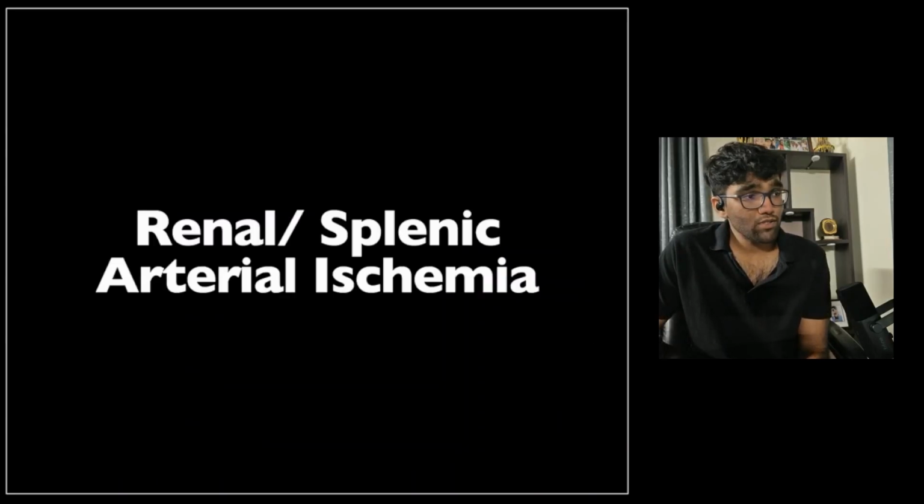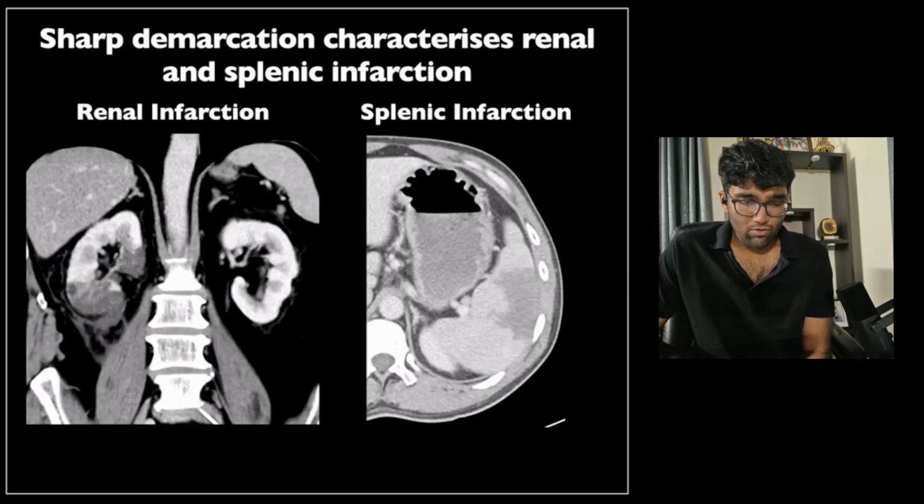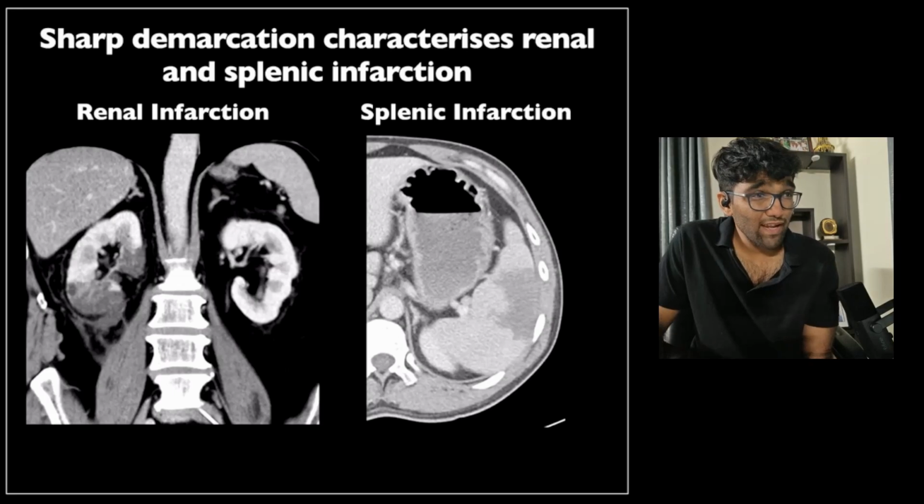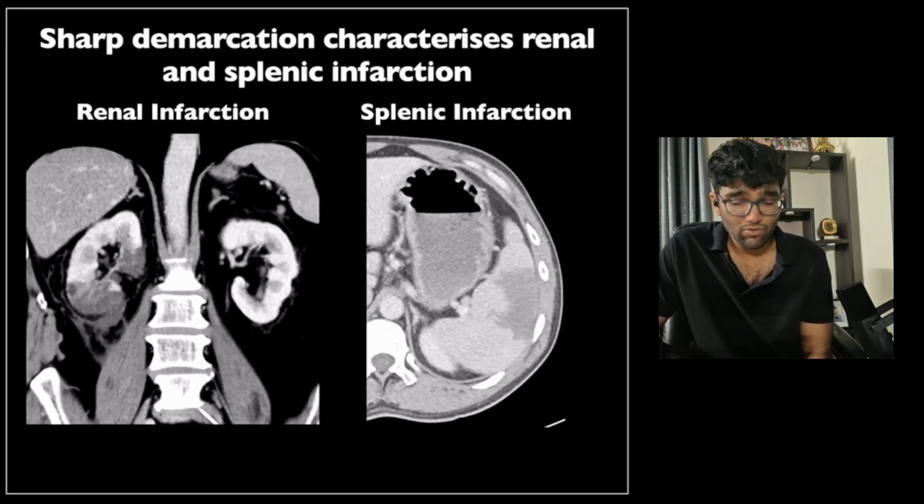Now coming to the third part of our discussion today, that is arterial ischemia in the kidney and the spleen. How you define these ischemic infarcts of the kidney and the spleen is by their sharp demarcation.